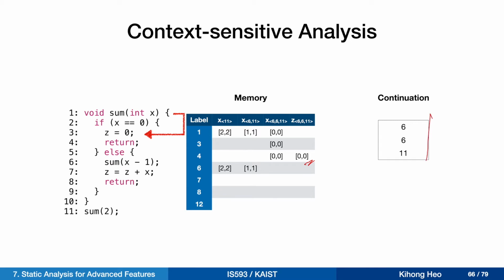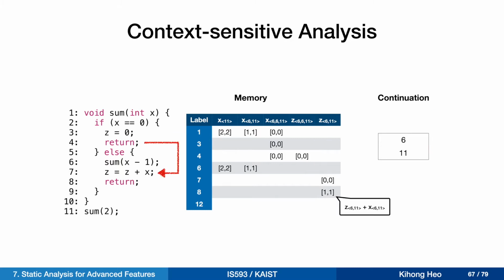So here, what is the topmost continuation? That is label 6. Okay, so it propagates the abstract memory to the next label of label 6, which is 7.